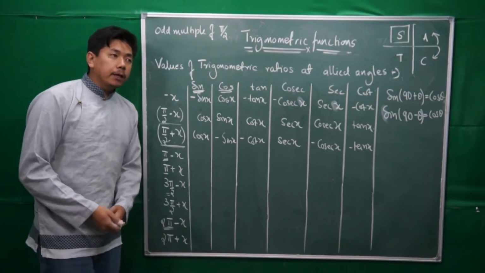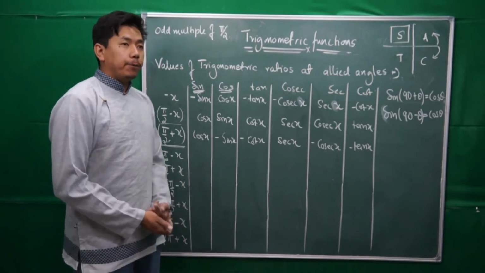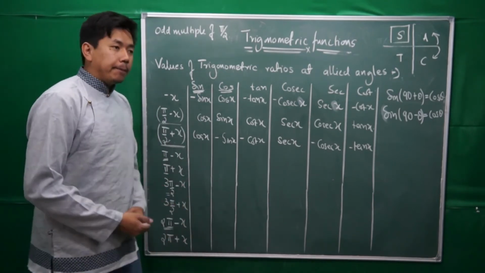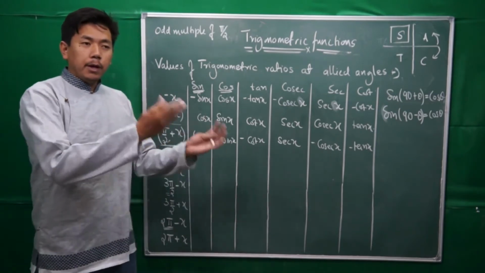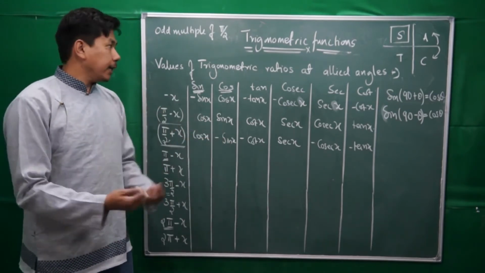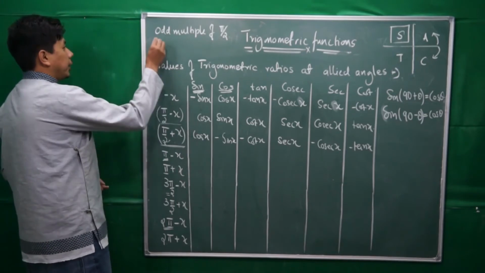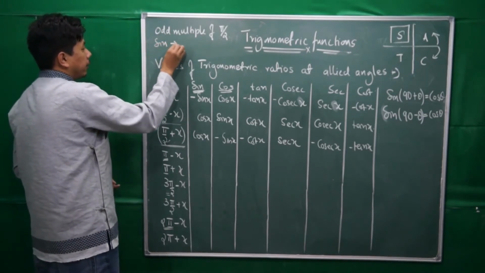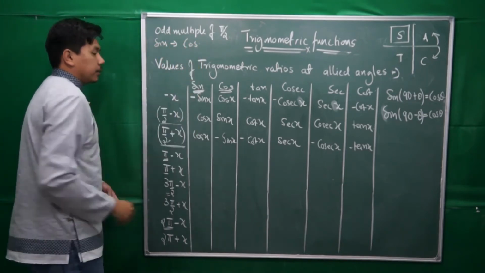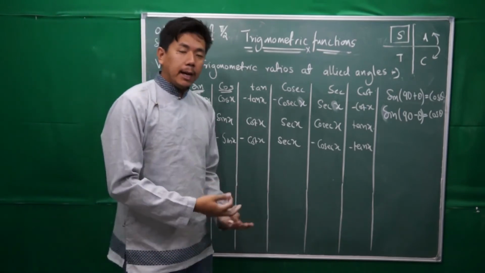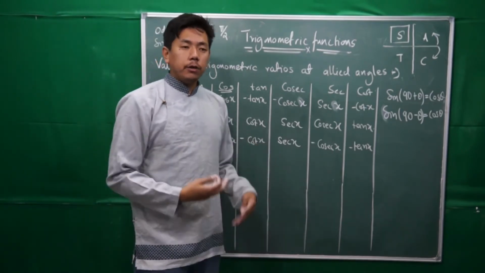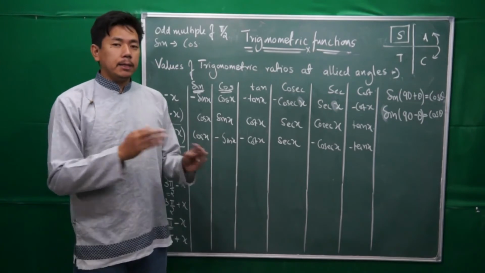Likewise, moving further, if we have 5 into pi by 2, 7 into pi by 2, 9 into pi by 2, plus theta or plus x, what happens? There's a change, or you can say shift, where sine changes into cos, cos changes into sine, tan changes into cot, cot changes into tan. So likewise in that way.